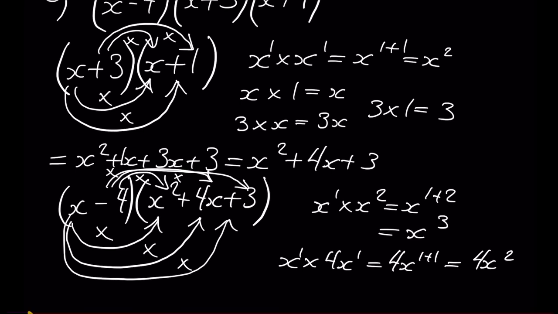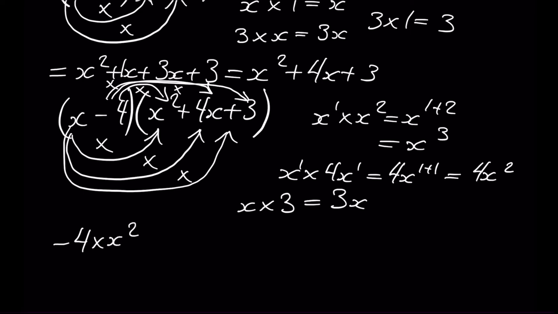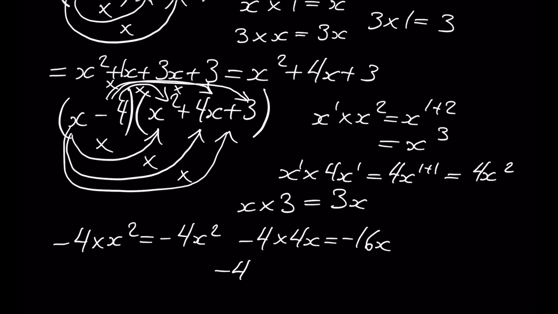And then we've got x times 3, which is just 3x. We've got minus 4 times x squared, which is minus 4x squared. And then we've got minus 4 times 4x, which is equal to minus 16x. And lastly, we've got minus 4 times 3, which is equal to minus 12.